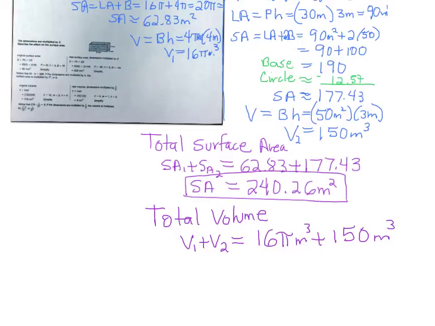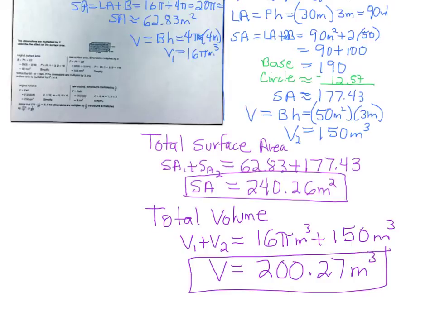Now we put that into the calculator, and the total volume is 200.27 cubic meters.